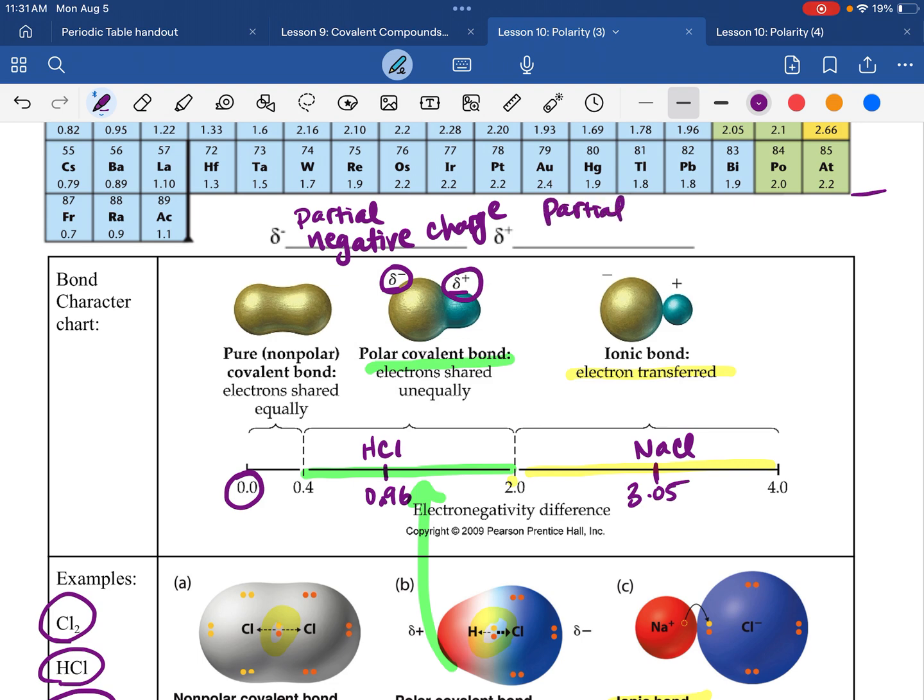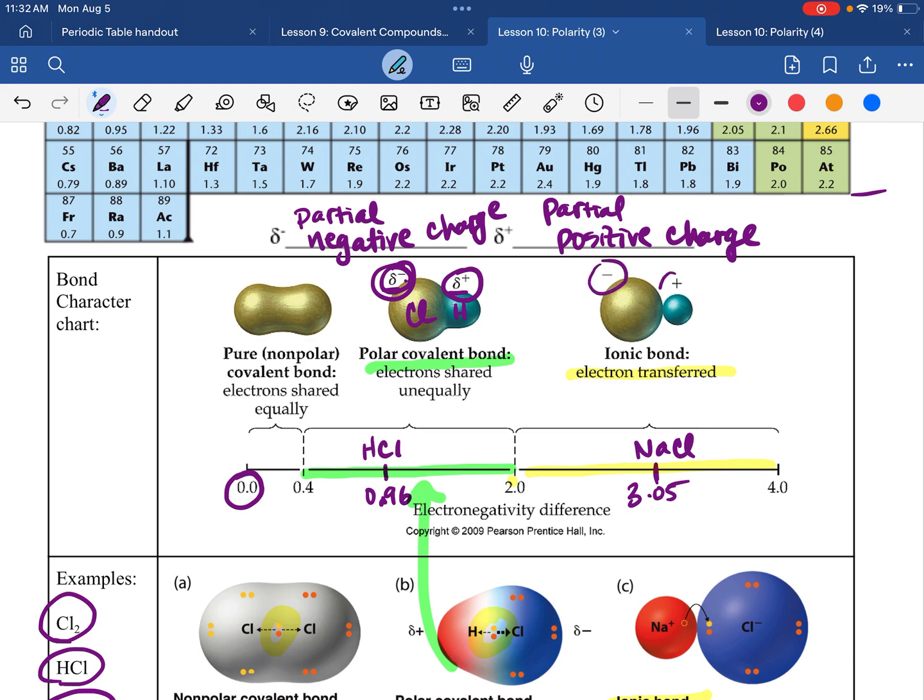When it has a plus sign by it, as you might guess, that means partial positive charge. It's partially negative on this side here because the electrons are spending more time over there. That element, which in our example would be chlorine, has more attraction for electrons, so they spend more time there than by the hydrogen nucleus.